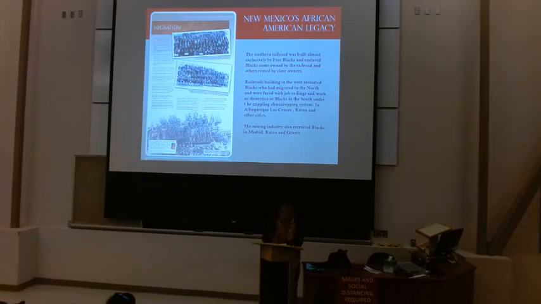So some of the first people who migrated to the west were the 9th and 10th Cavalry and the 24th Infantry of the Buffalo Soldiers. They came west to protect the Anglo homesteaders, but they also protected the lands of indigenous people, and they also did engineering work, and they also found out about homesteading.